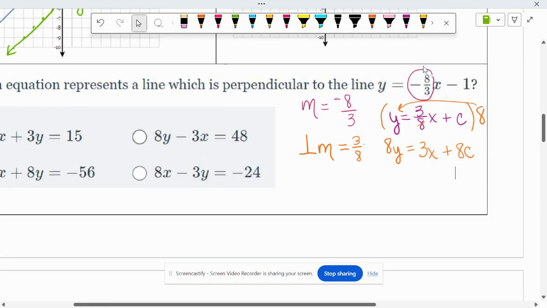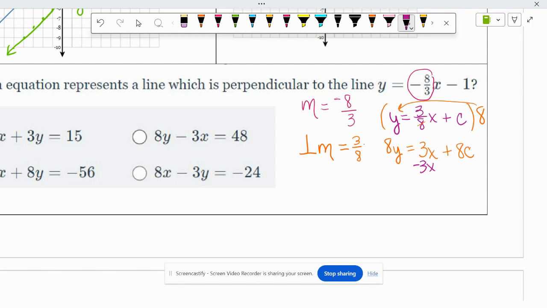I need to have the x and the y on the same side, right? So I'm going to subtract 3x from both sides. That gives me 8y minus 3x equals some number that's a multiple of 8.